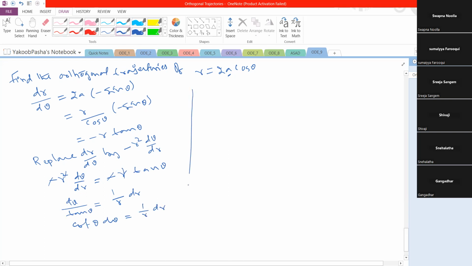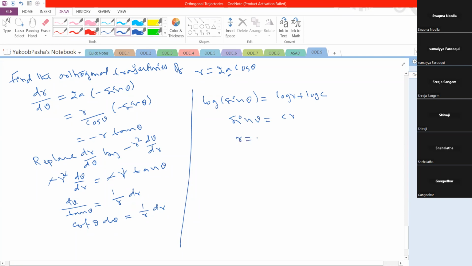Now integrate on both sides. So integration of cot theta is log sin theta, that is equal to integration of 1 by r, log r, and the arbitrary constant is log c. So sin theta is equal to c r, okay, log cancelling.